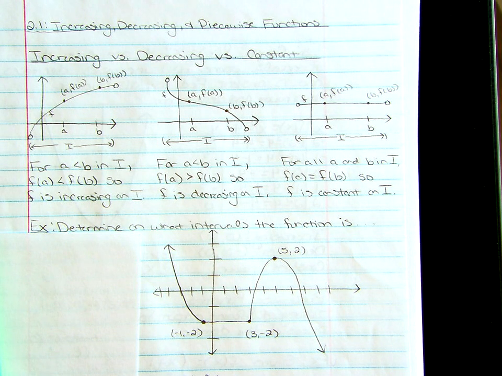And constant means that for all of the A's and B's that are in a given interval, the y's stay the same. They are constant. That's where you have a flat line. So those are the three different types of intervals you're going to be looking for.